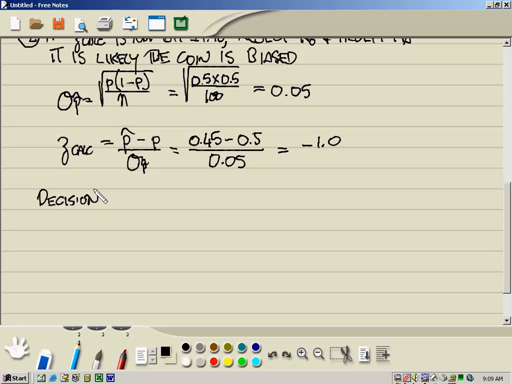Alright, so decision. Since z-calc is equal to -1, and since that is between plus and minus 1.96, do not reject the null.